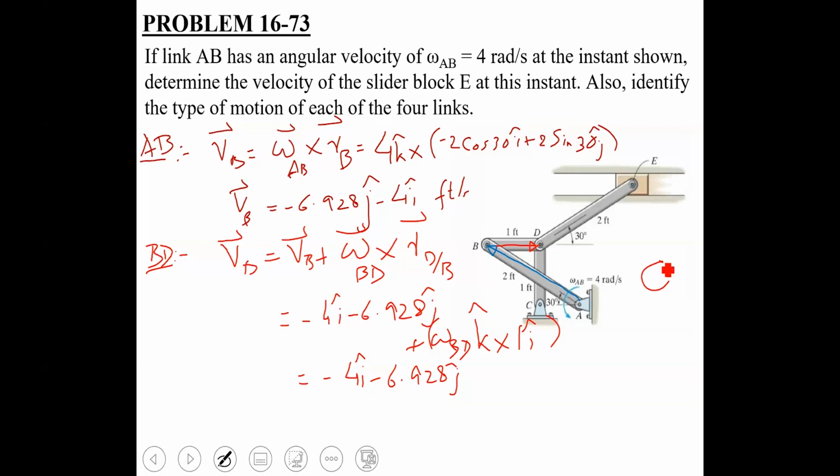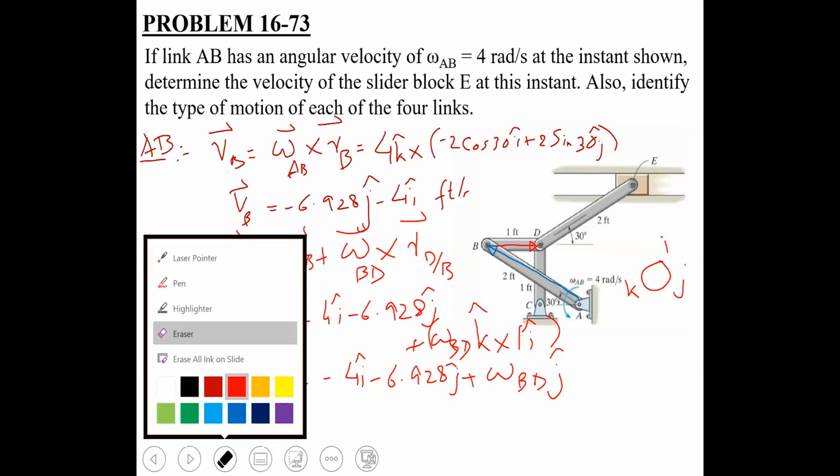As far as omega cross R is concerned, if we consider this smaller triangle, then this would become omega BD k cross i is j, so this would be j, and this would represent the velocity of point D on the left hand side of this equation.